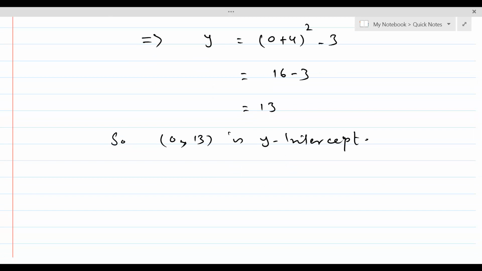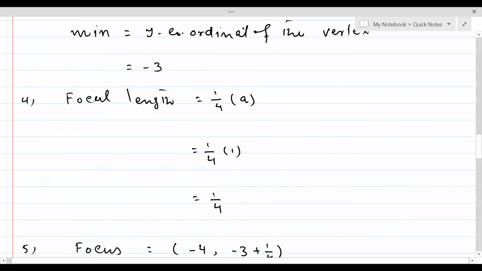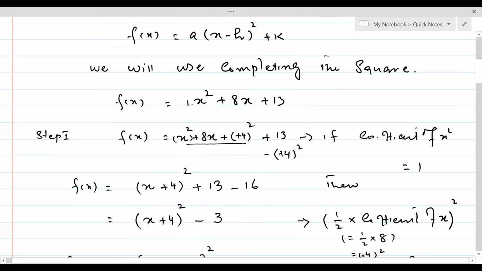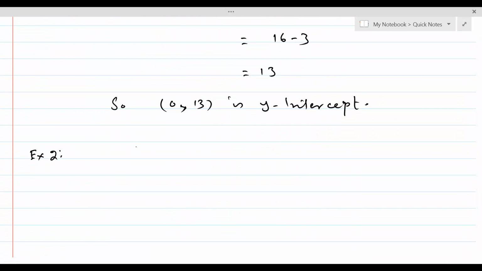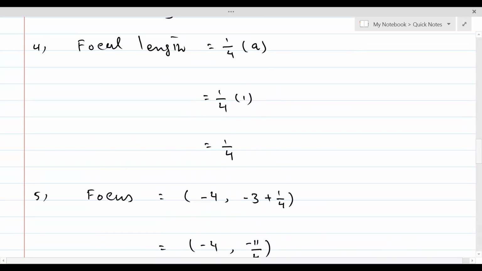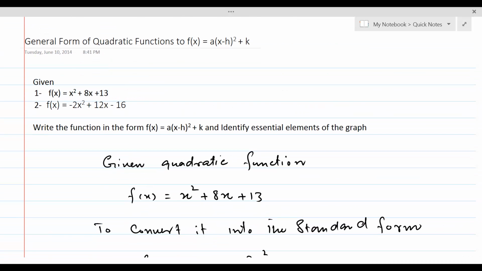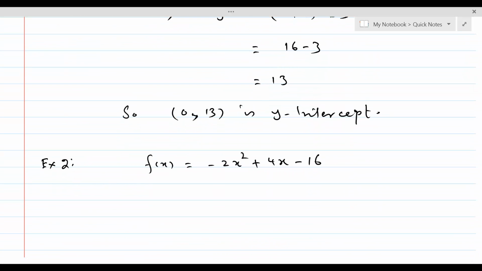And now let's do the second question. For example number 2, we are given the equation of the parabola: f of x equals minus 2x squared plus 12x minus 16.